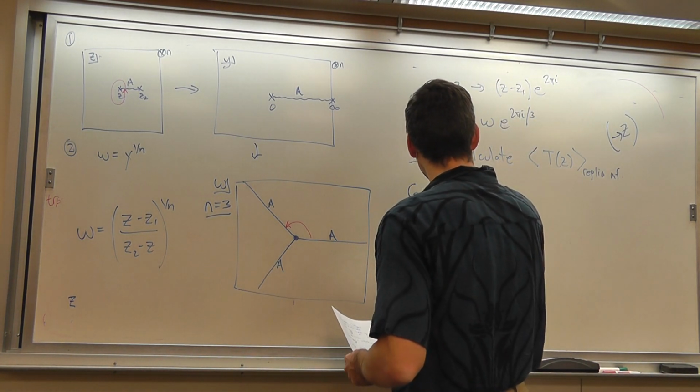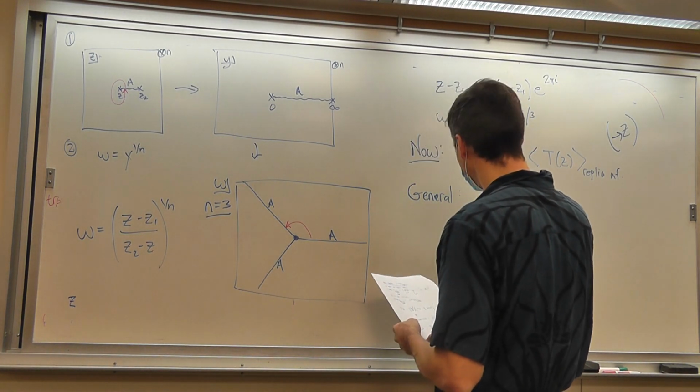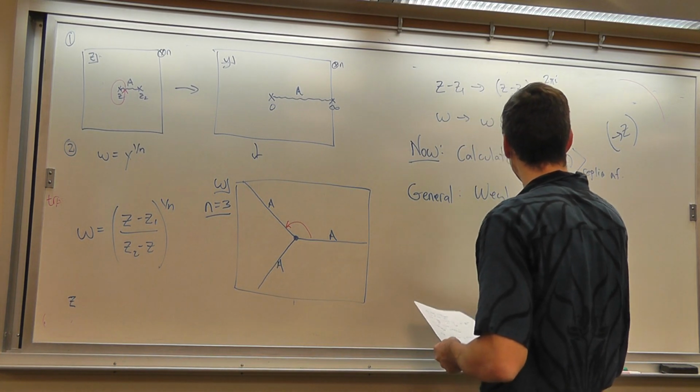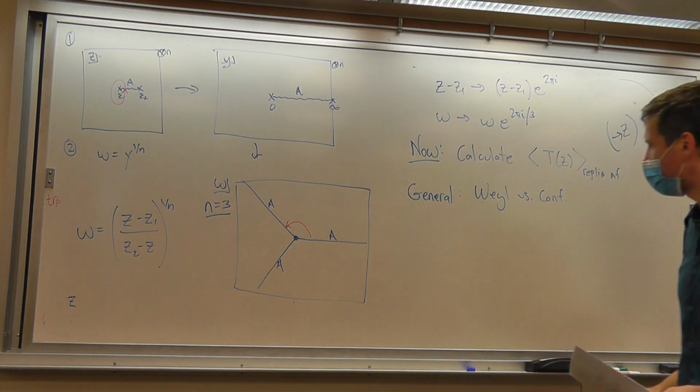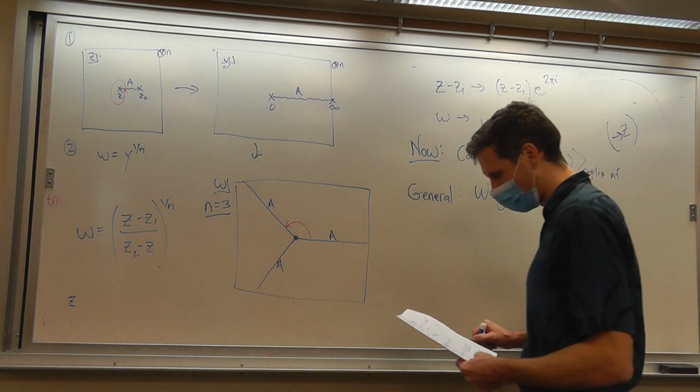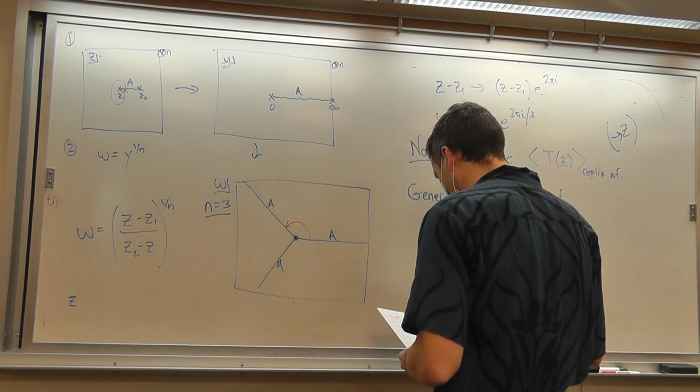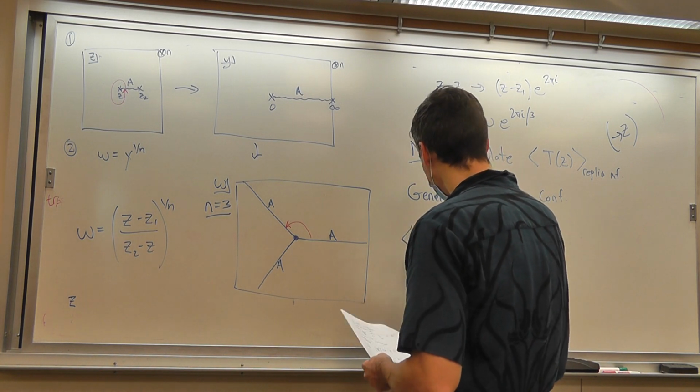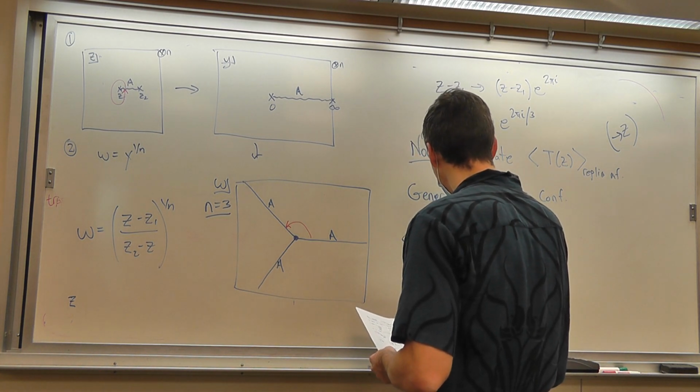The general relationship between Weyl and conformal transformations, which I remind you I posted notes on the web page that go through super carefully, where all the primes go and the relationship between conformal and Weyl. The formula that we talked about, and that you can find in those notes, is the following.